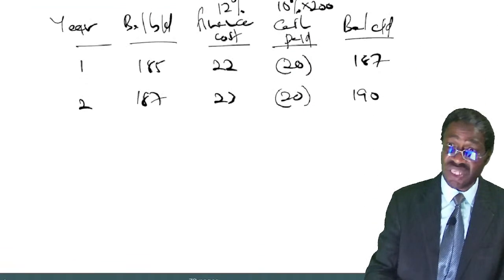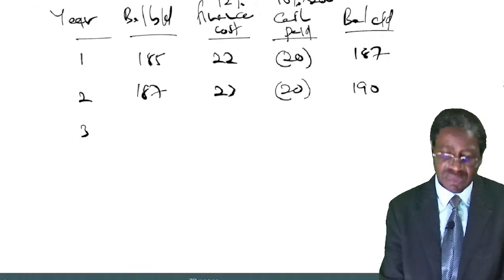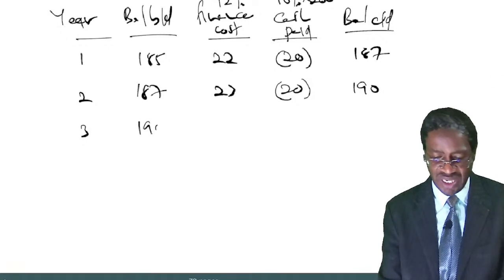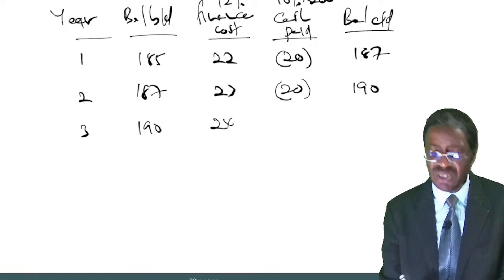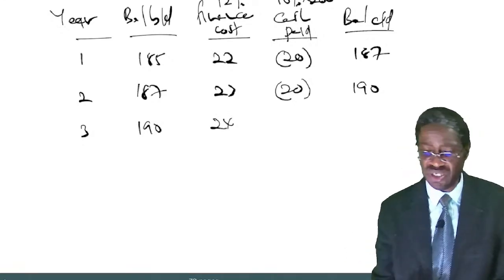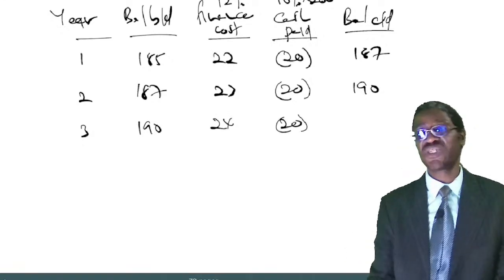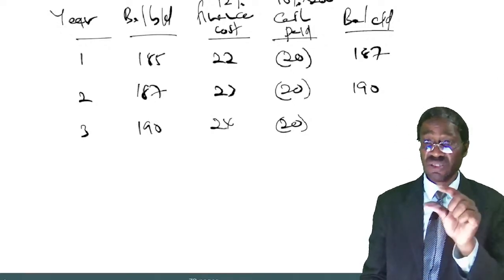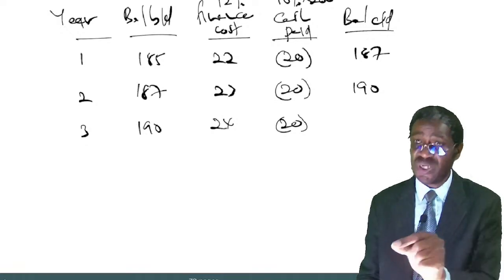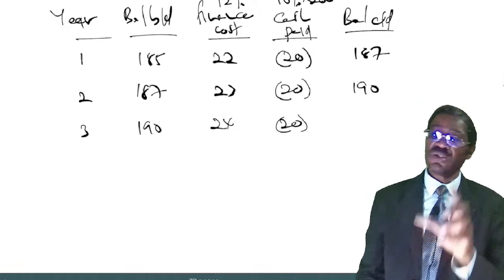Then I come to the third year. Third year, 190. I am assuming 12%. Let me assume it gives you 24 interest. Pay 20. You're carrying down a liability of how much? That is 24 minus 20, which is 4.